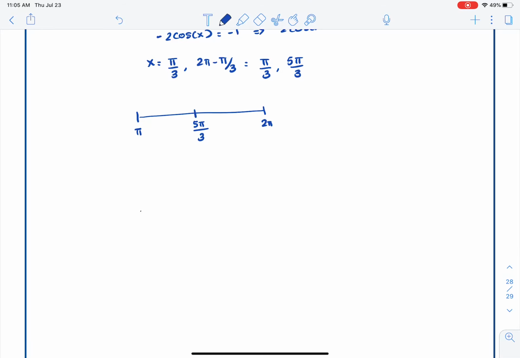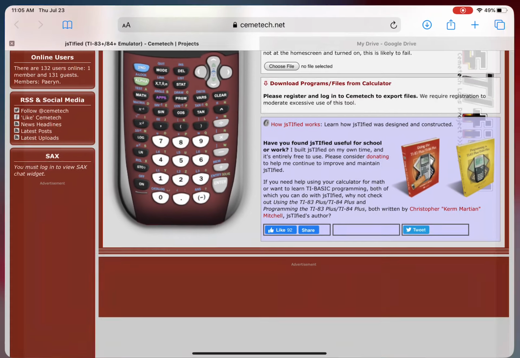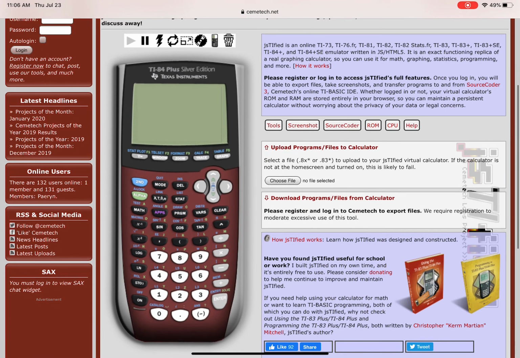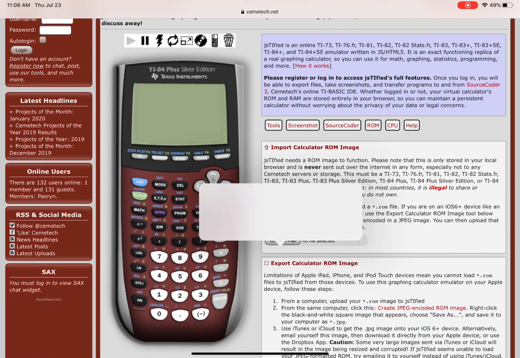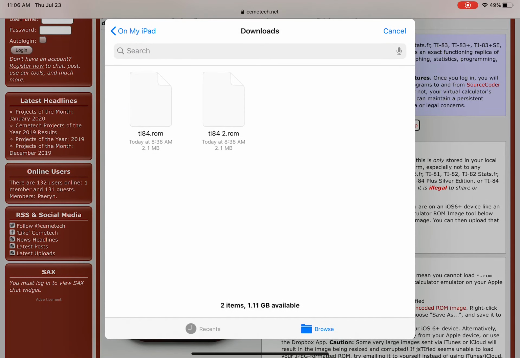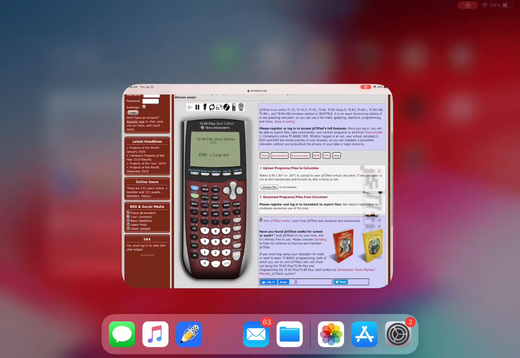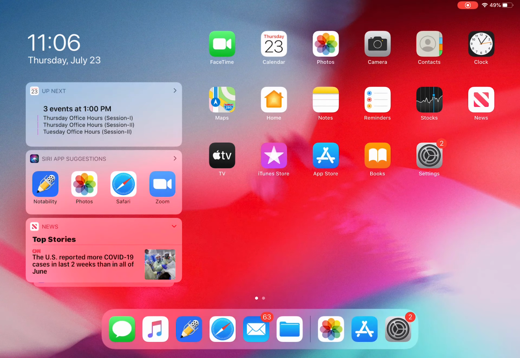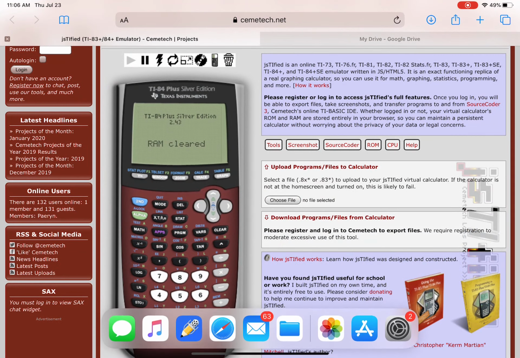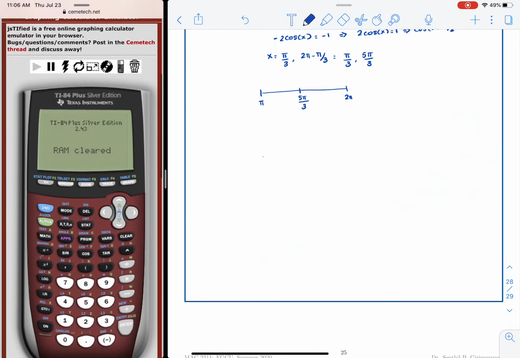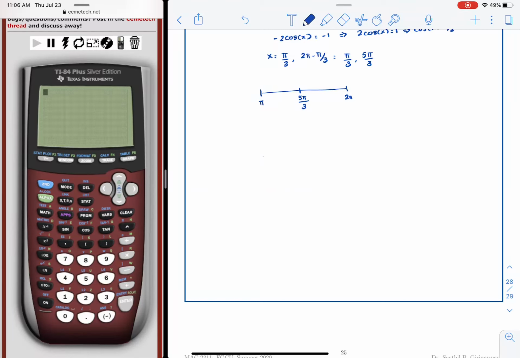If you have a calculator, it'll be easier to demonstrate. So we have to pick a number between pi and 5 pi over 3.